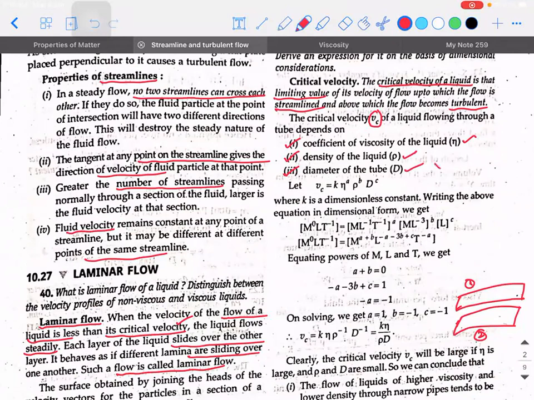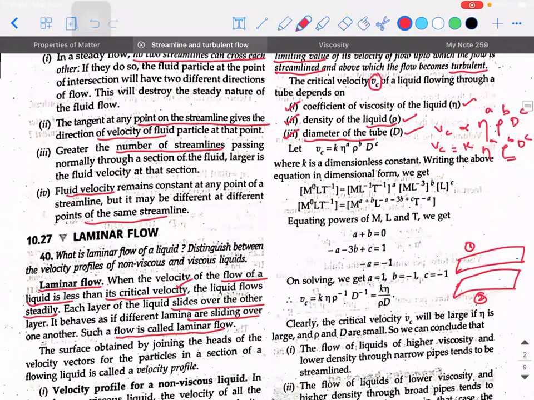So how can we write? We can write Vc is directly proportional to eta^a, rho^b, and d^c. Then Vc will be equal to some k times eta^a, rho^b, and d^c. Once you write that, the left-hand side should be the dimension.